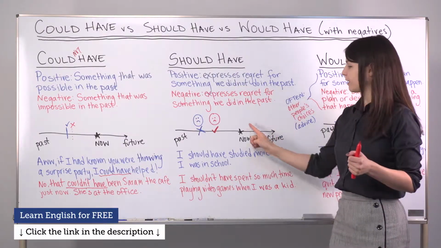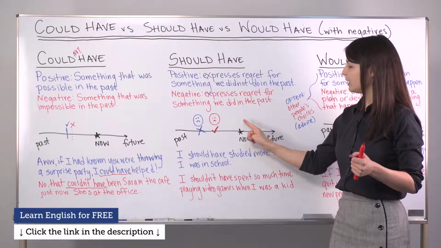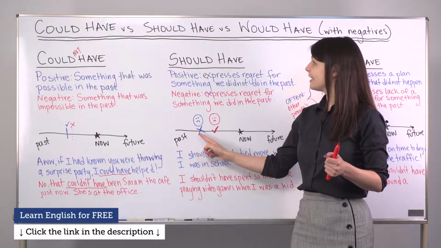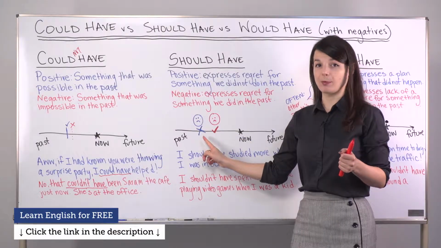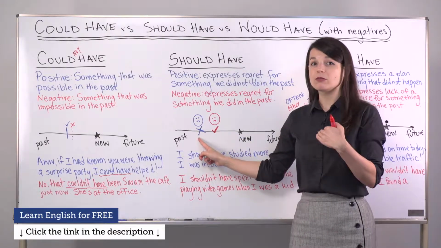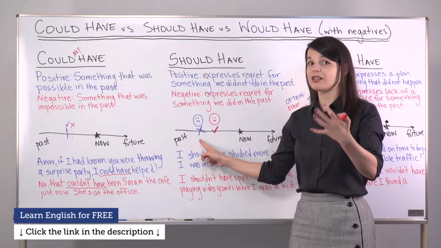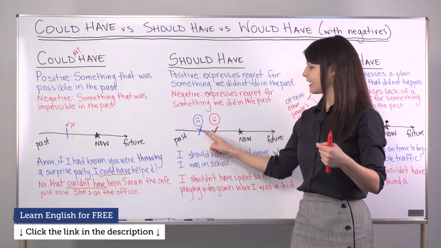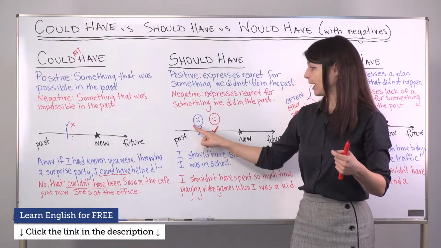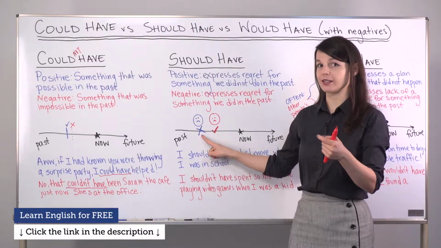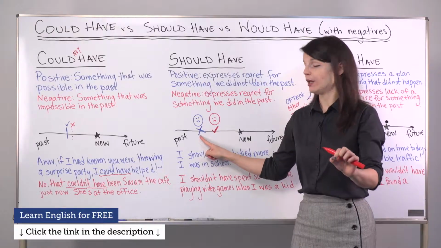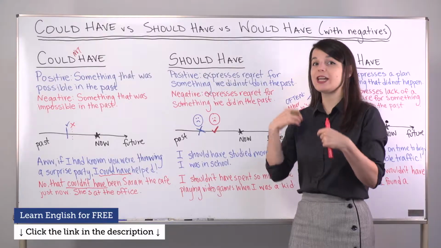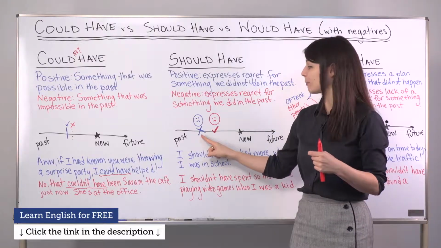If our conversation is happening now, we want to talk about something we did not do in the past, and now maybe we think, oh, it's a good idea, like I should have done this thing. I did not do this thing in the past. That's why I marked it with an X here. So I did not do this thing, but I feel bad now. I feel regret. Like I should have done that thing in the past.